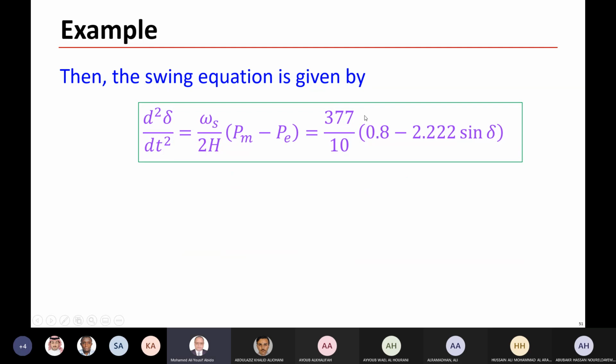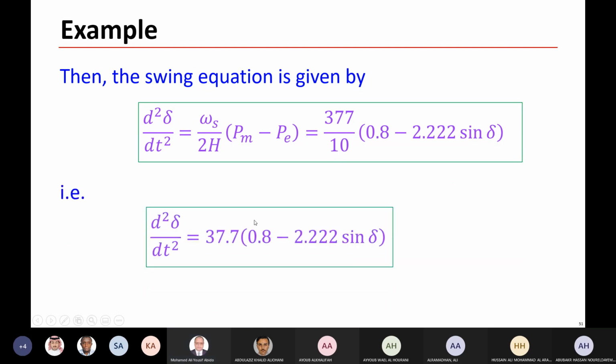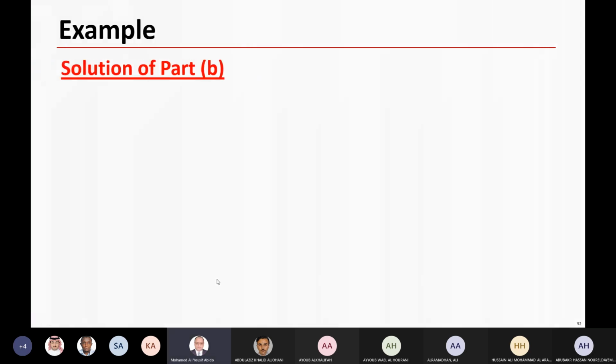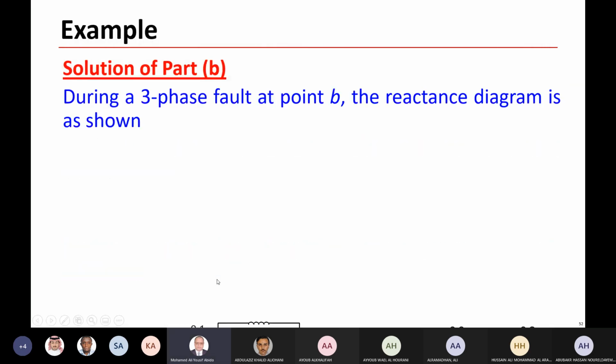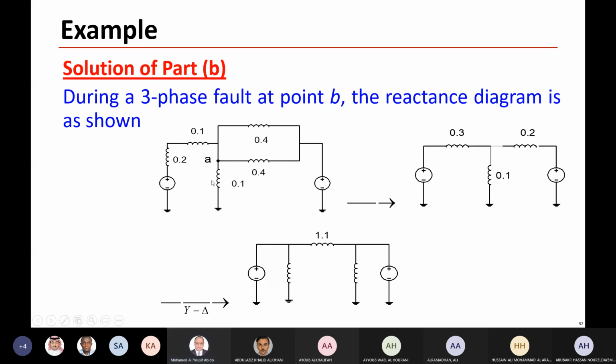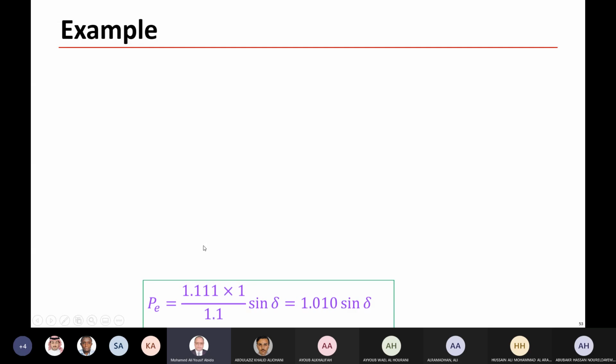Omega is equal to 377 radian, and this is 2H, which is given in seconds. And this is the swing equation. And we can also, for part B, when we have during the fault, a fault impedance, and to convert Y to delta, you end up with transfer impedance equal to this.